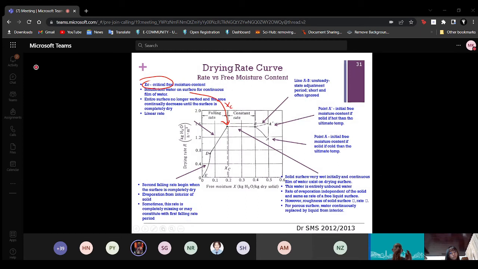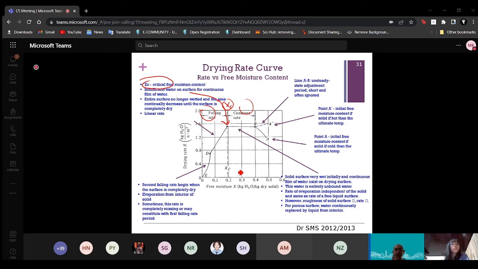XC. You kena determine where is the XC point. The critical free moisture content. You need to determine because that is the turning point whereby you need to change equation. Okay, equation falling. This one you nak calculate, you pakai equation dekat constant.